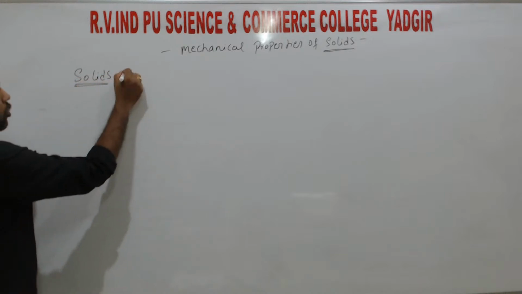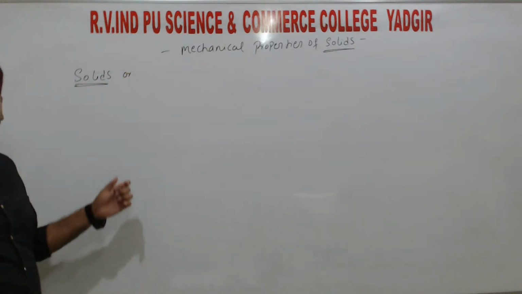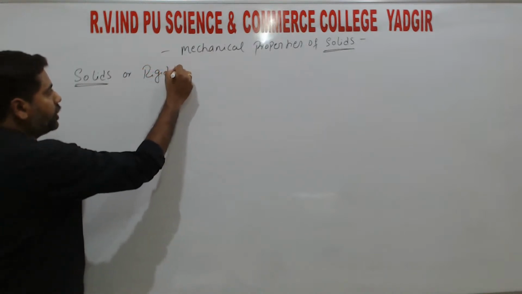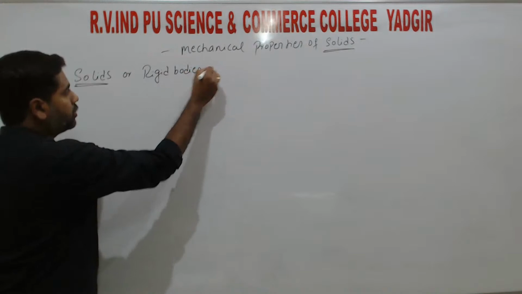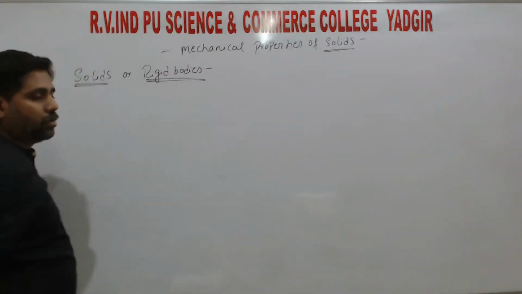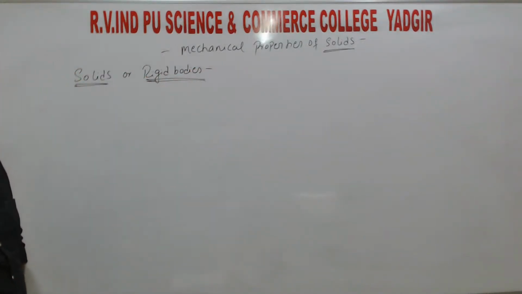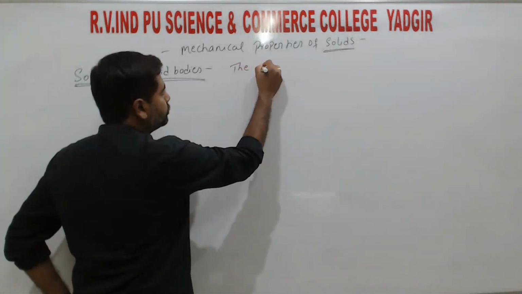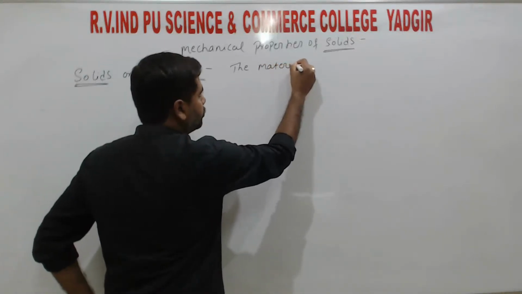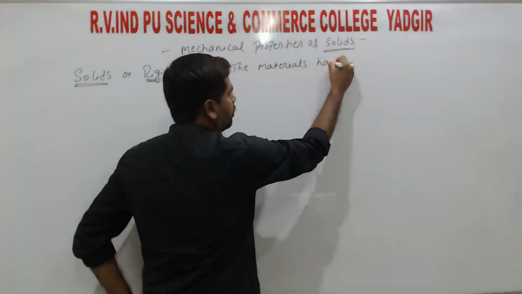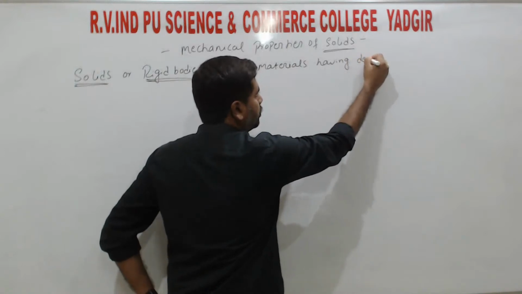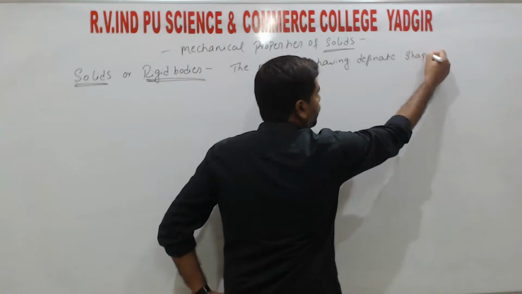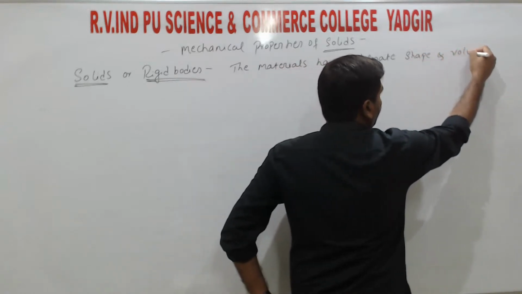Solids, or the other term we regularly use, rigid bodies, right? We use rigid bodies in many places. So what are solids or rigid bodies? The materials having definite shape and volume.